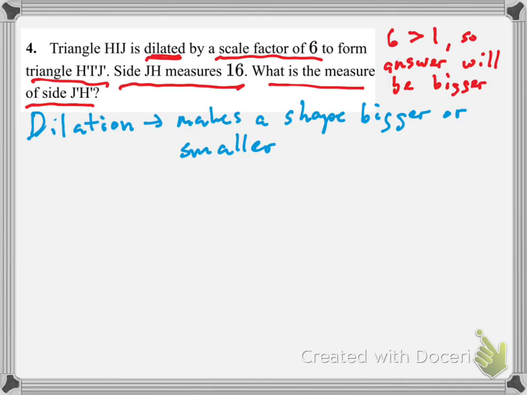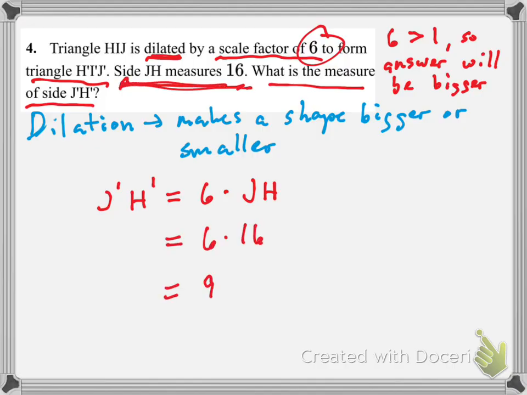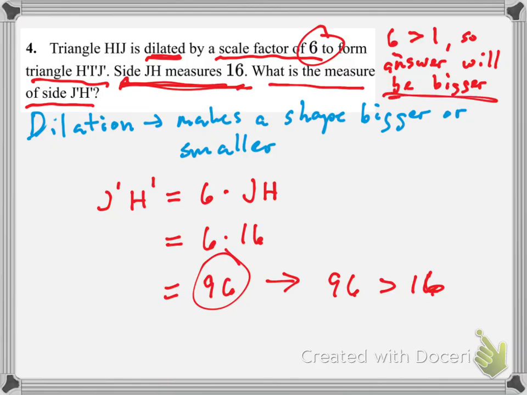There's no picture, but the problem tells us everything we need. J prime, H prime equals the scale factor 6 times JH, which measures 16, so 6 times 16 is 96. And 96 is bigger than 16. The scale factor was bigger than 1, so the answer will be bigger.